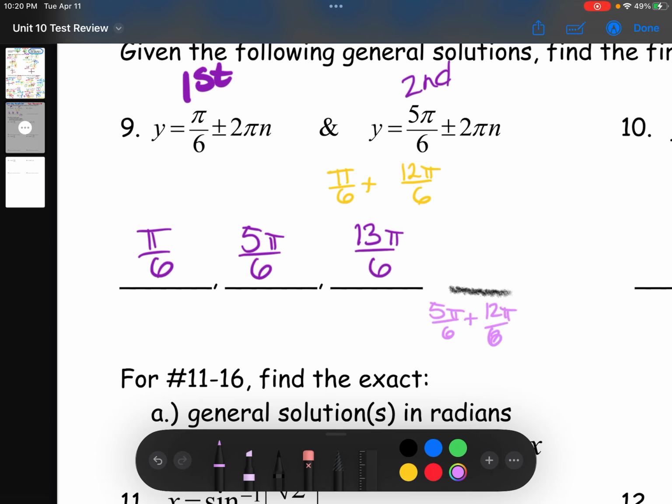So 12 pi over 6, and then that fourth solution would be 17 pi over 6. The third solution is the first plus 2 pi. The fourth solution is the second plus 2 pi, and so on.